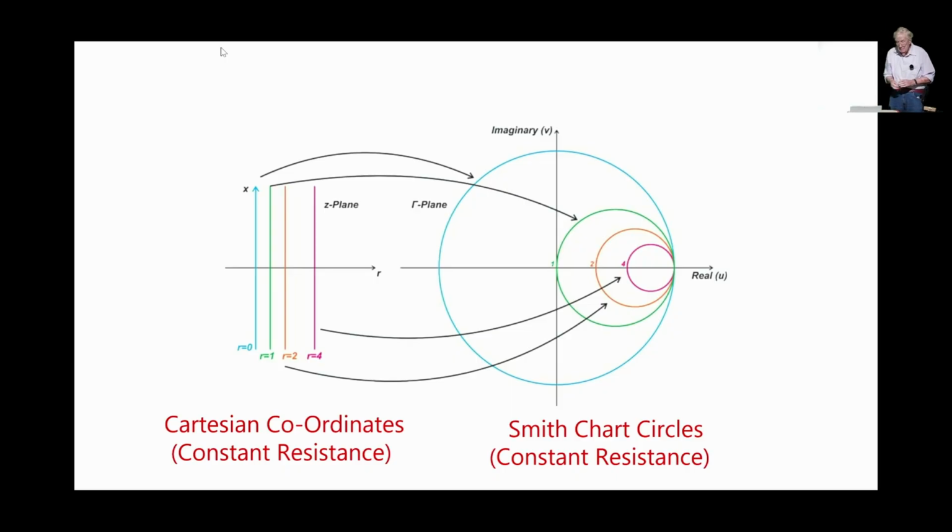And you can probably see them if you look down on the one that you've got. You can see those circles that are there. So they are the circles of constant resistance. So anywhere around the blue circle, whatever that resistance might be, that resistance is constant around that circle.